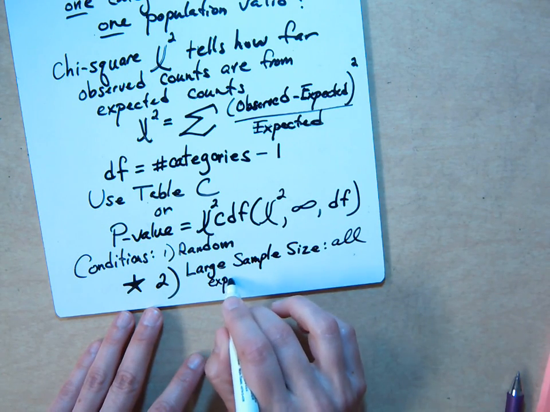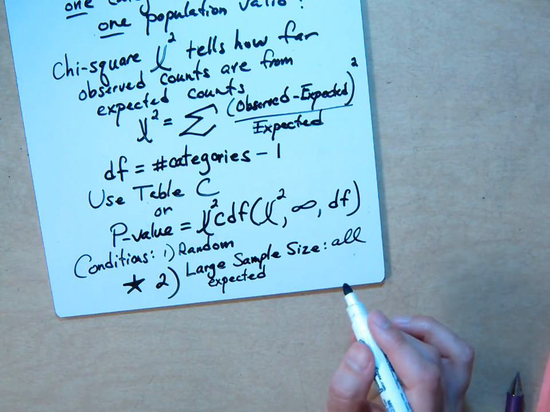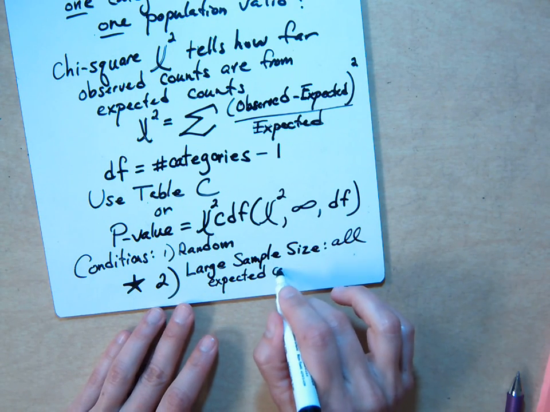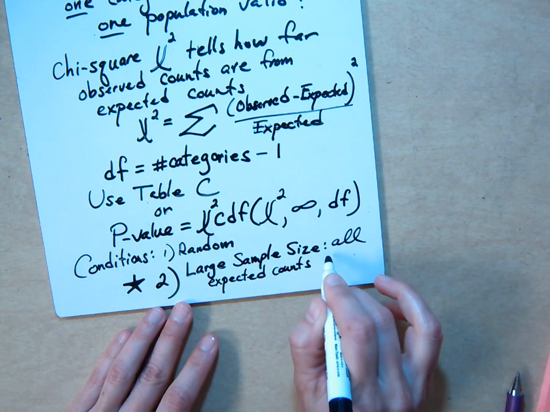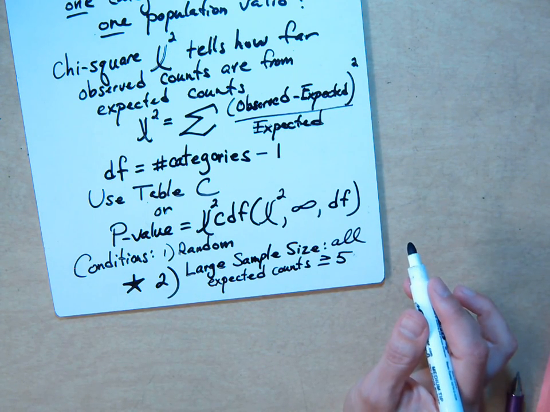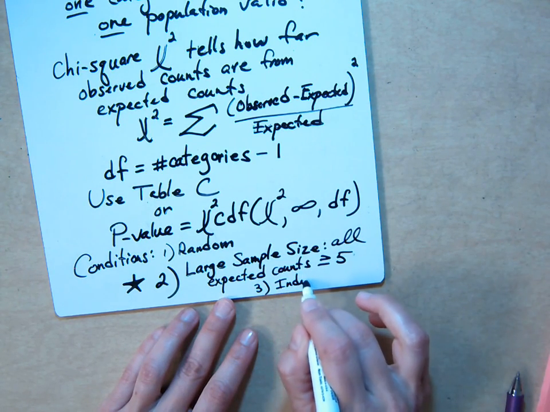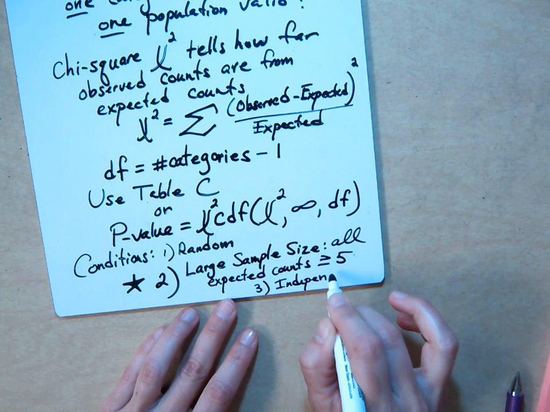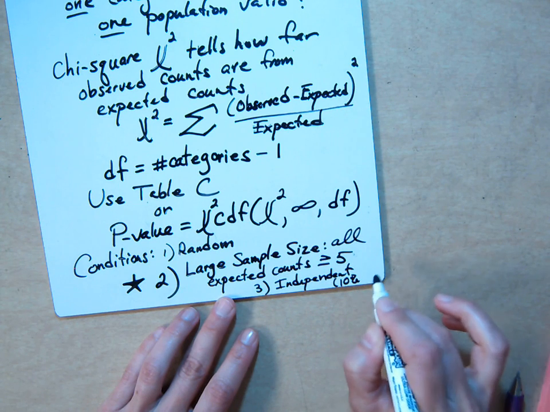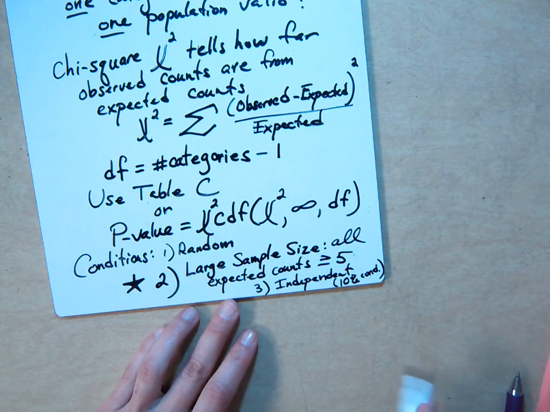You actually have to compute them and show that, which you need to compute to find chi-squared anyway. So all expected counts have to be greater than or equal to 5. That's your number 2 condition, large sample size. And 3 is the same, independent. So that's like the 10% condition.